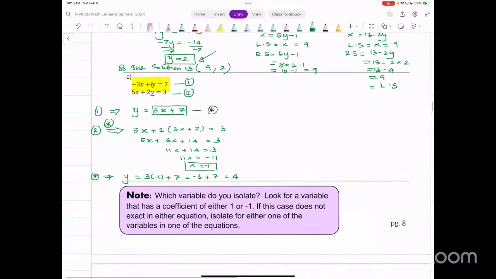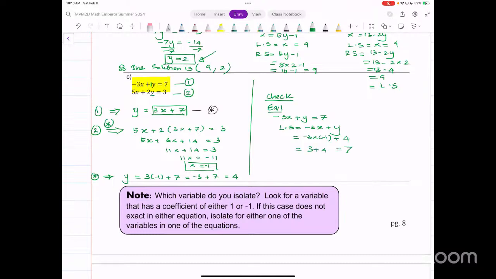We do the check, isn't it? Equation 1: minus 3x plus y. Left-hand side, minus 3x, which is on the right-hand side. Right?